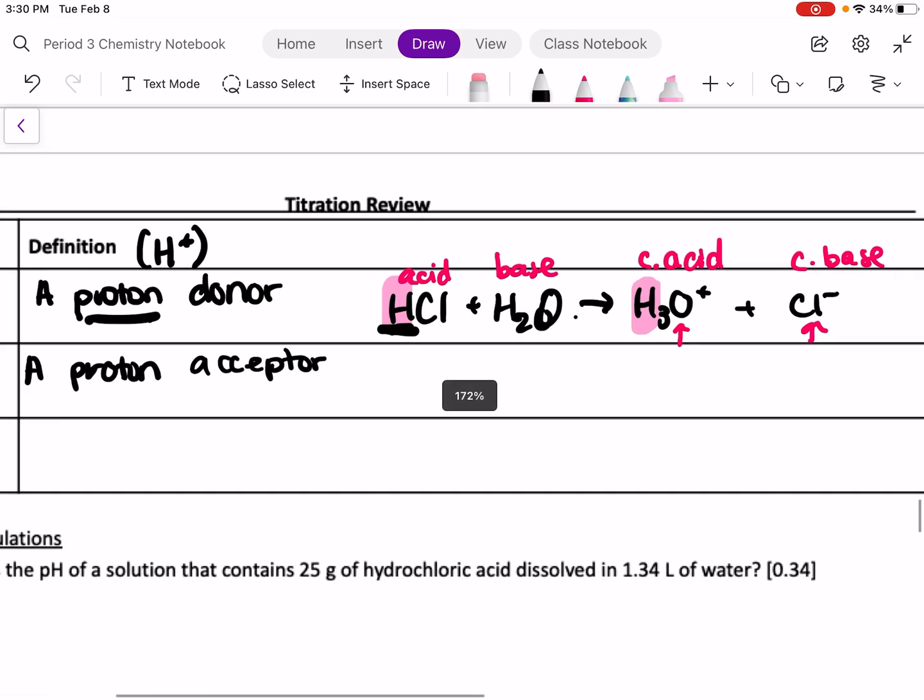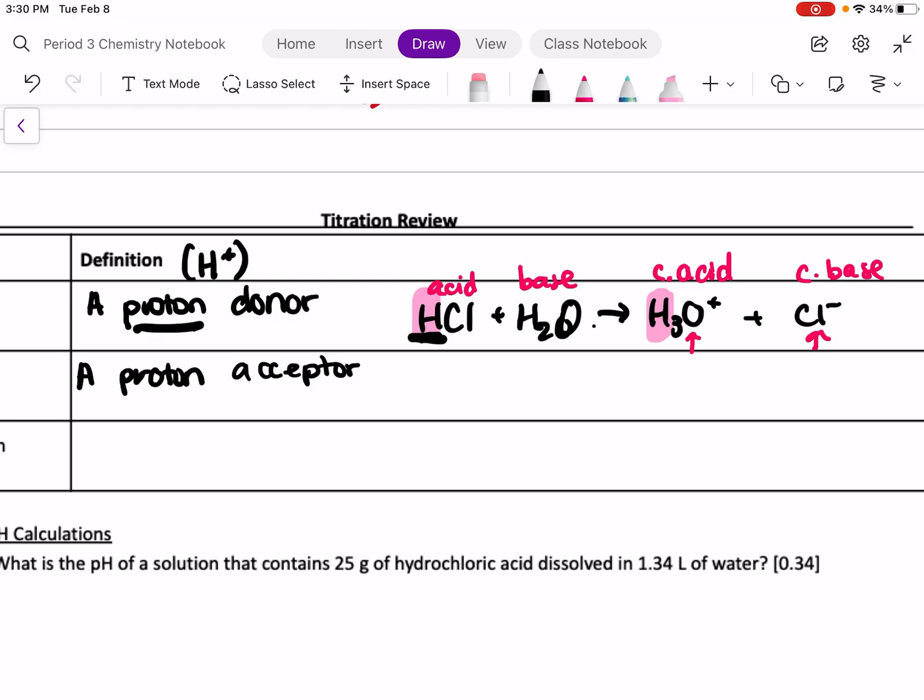The reason why we changed to this definition rather than Arrhenius, which just said OH, is because we have something like ammonia. When we put it into water, water actually acts like an acid, donating a hydrogen onto ammonia.